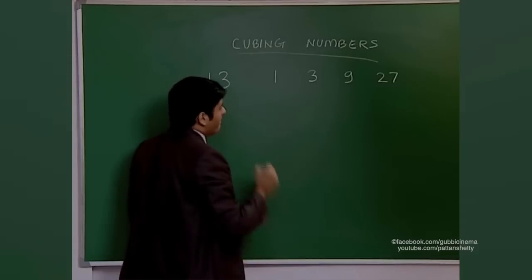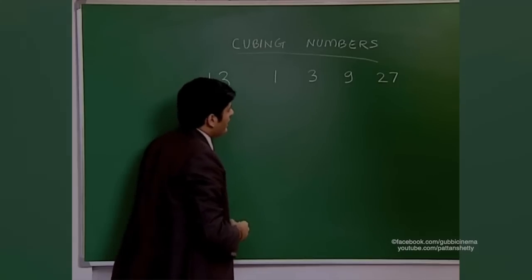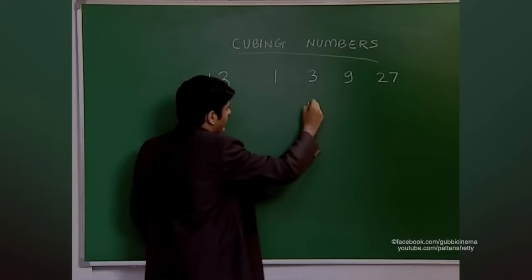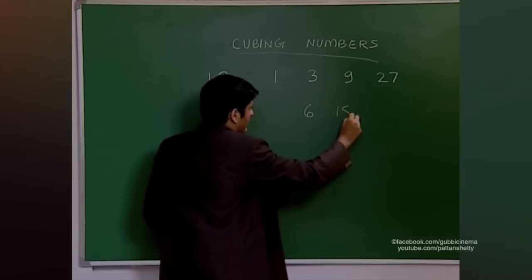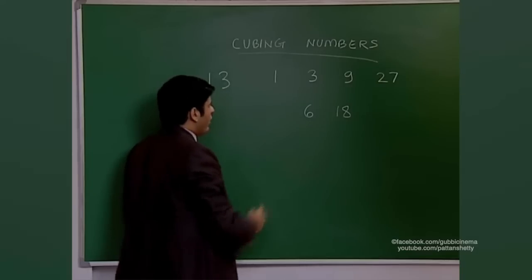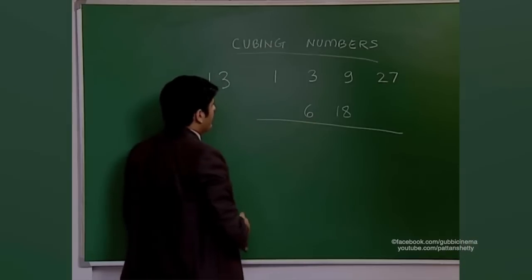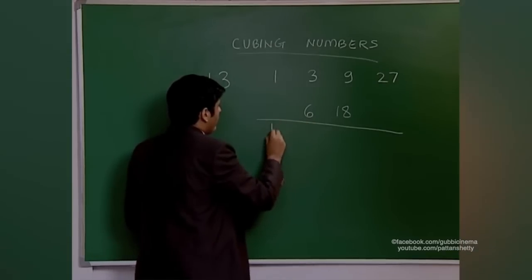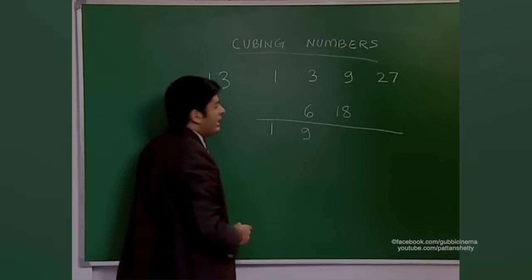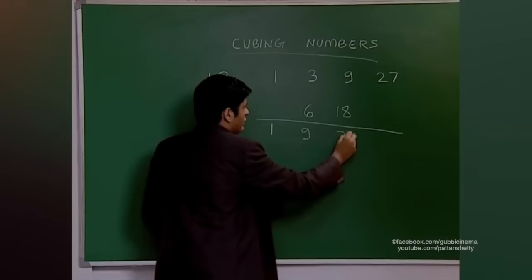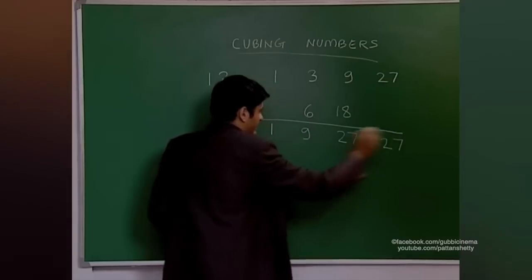Next, the middle digits are to be doubled. 3, when I double it, I get 6. 9, when I double it, I get 18. I'm going to add all of them. You just have to double the middle digits. So when I add, 1 comes here as 1. 3 plus 6 is 9. 9 plus 18 is 27. And the last term, 27, comes as it is.